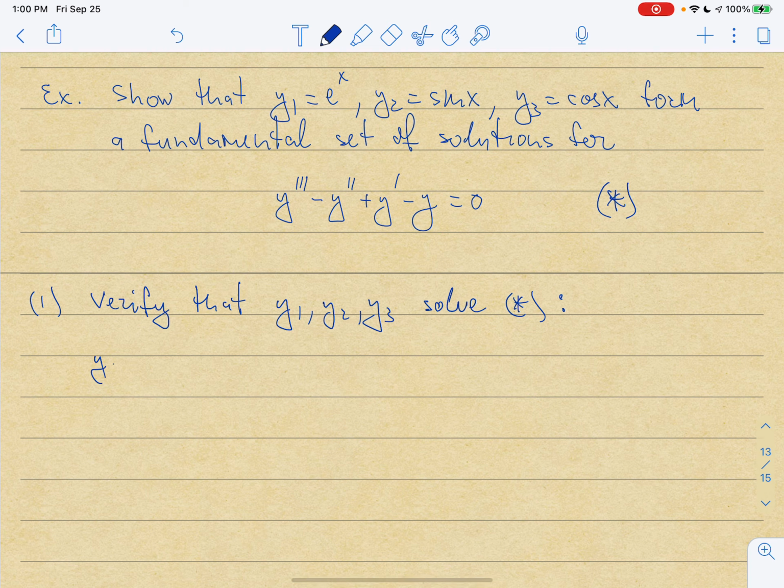So y1 is e to the x, and then if I take derivatives of e to the x, they're all still e to the x. So in this case, all derivatives up to the third one are all e to the x. And now we substitute these derivatives into the equation.